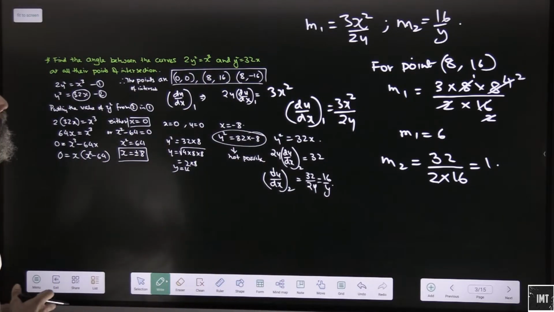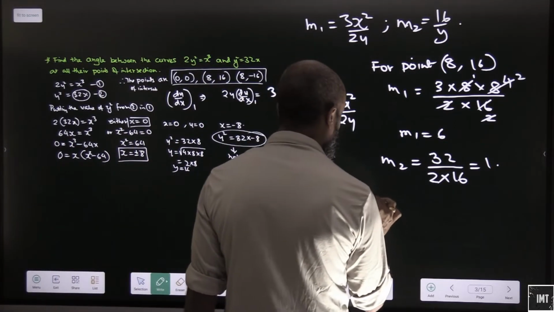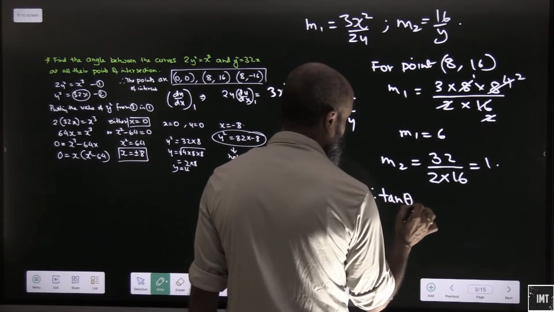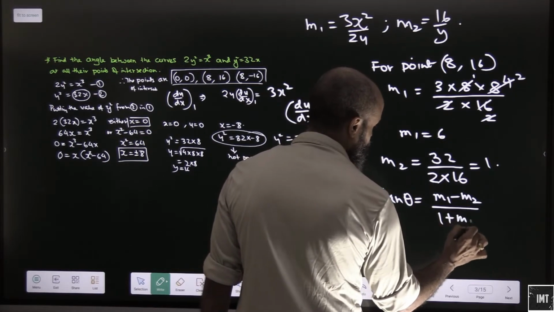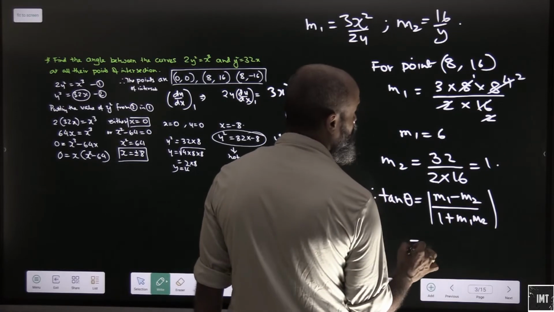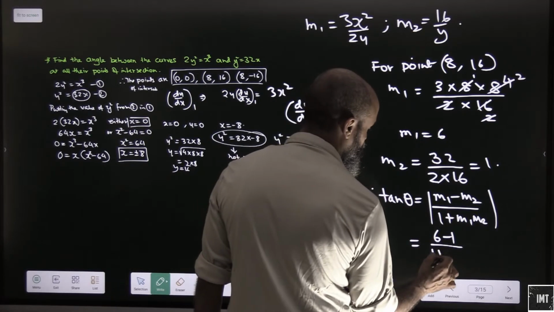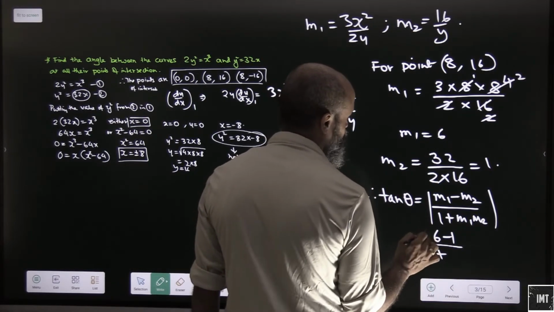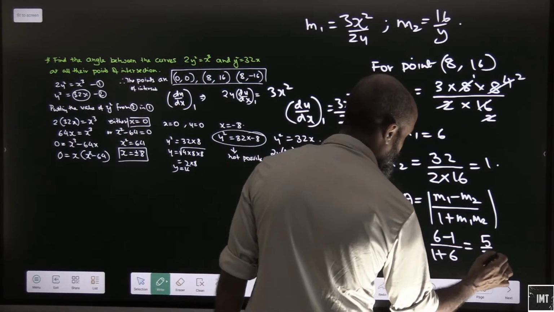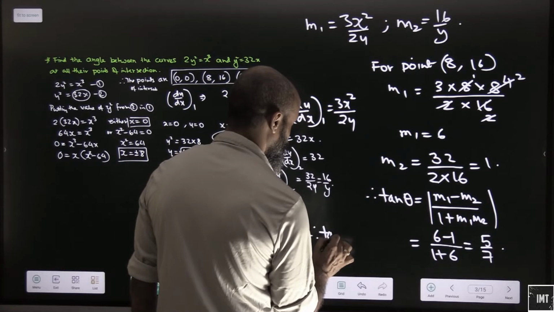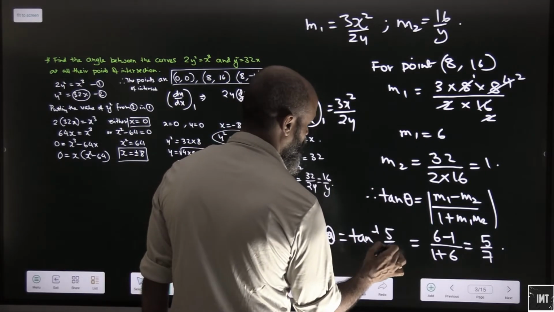So therefore tan of theta will be equal to (m1 minus m2) upon (1 plus m1 m2). So this is going to be (6 minus 1) upon (1 plus 6 into 1), so that will be 5 upon 7. So therefore theta will be equal to tan inverse of 5 upon 7.